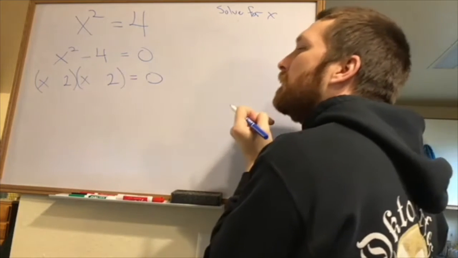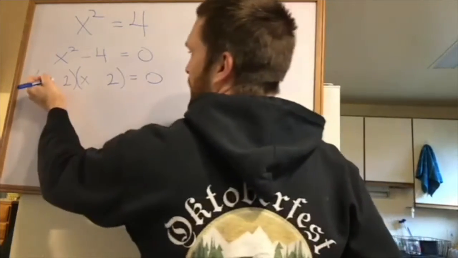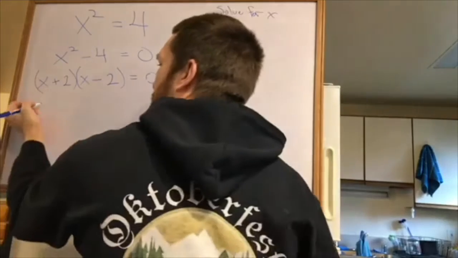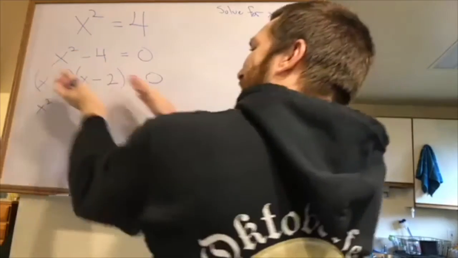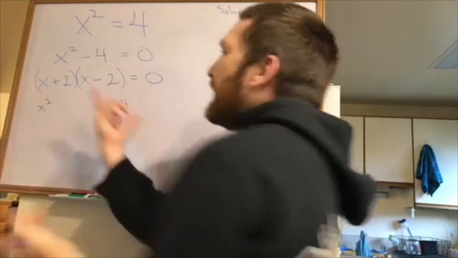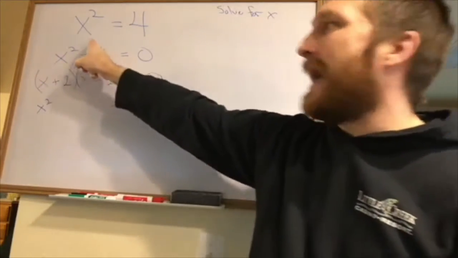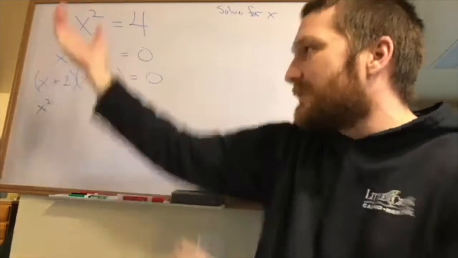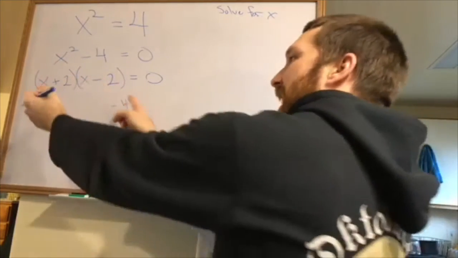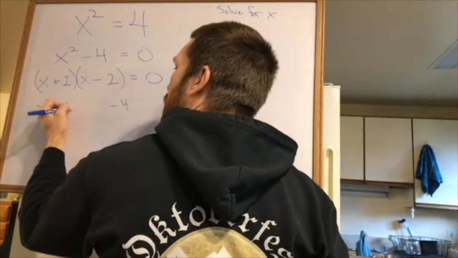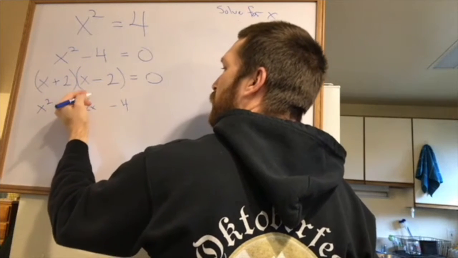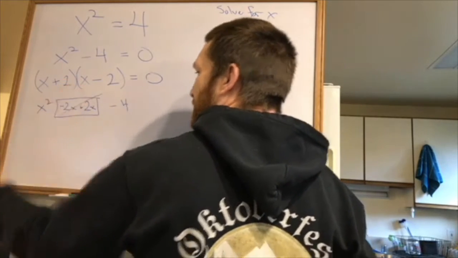Negative 2 and positive 2. Negative and positive. Yep, has to be. Let's see why that's the case. First gives me x squared. My last gives me negative 4, which it has to be. My outside and my inside have to cancel out, so they have to be opposite signs. The outer will give me negative 2x, my inner will give me a plus 2x, which works out to 0.